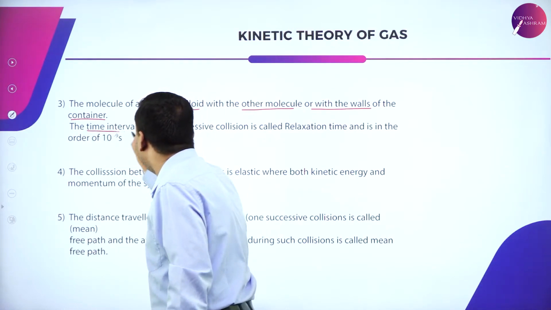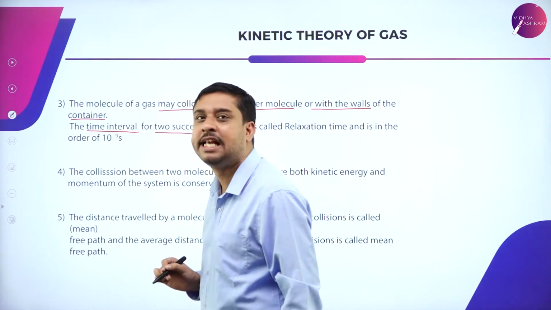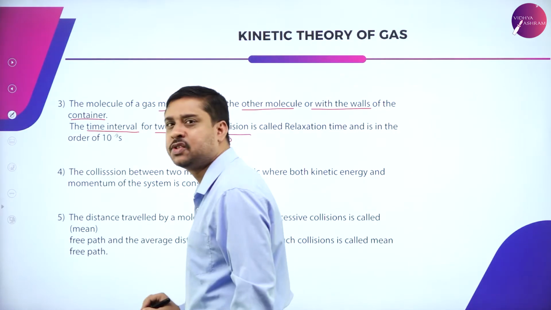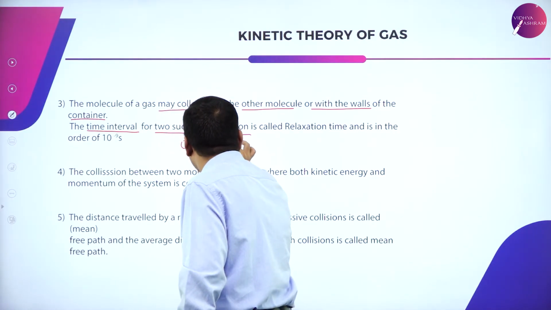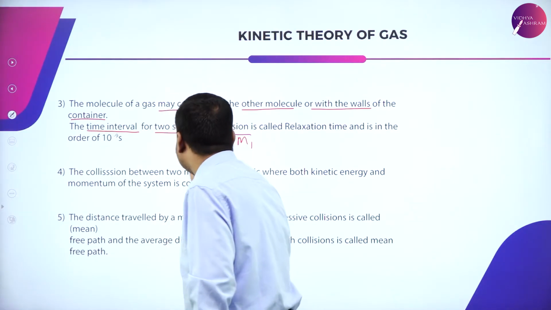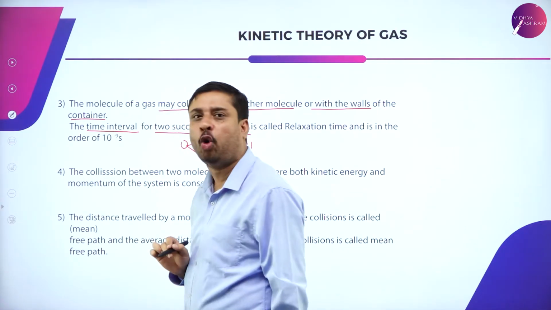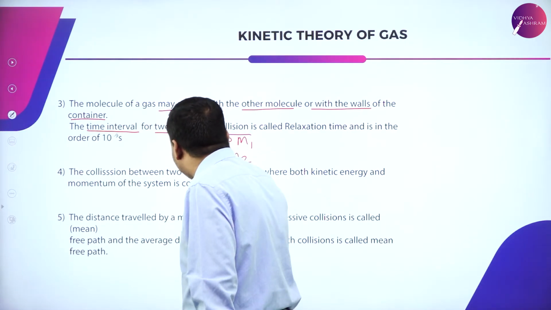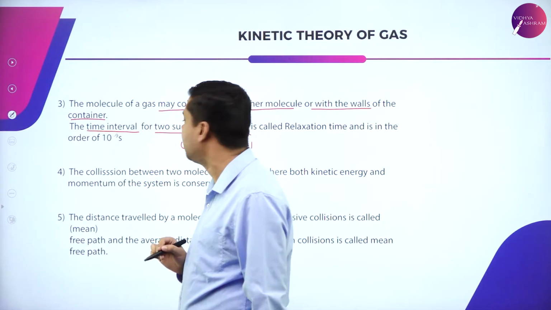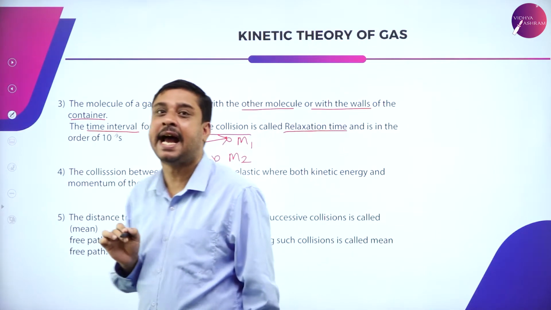And the time interval for two successive collisions. See, large number of molecules. This molecule initially strikes molecule 1, then successively it strikes molecule 2. The time interval for two successive collisions is what we call relaxation time.